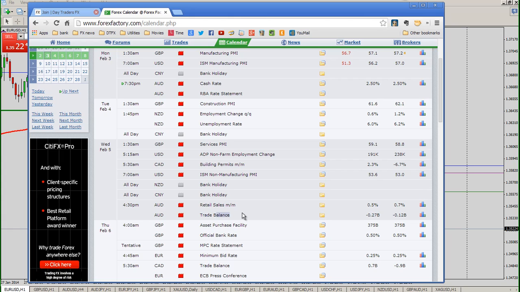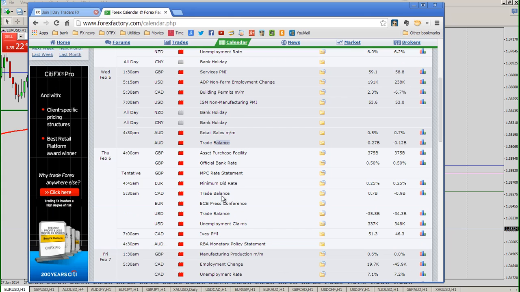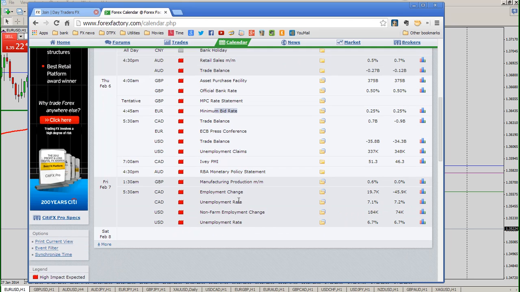So Wednesday is a pretty big day. Thursday, we've got more interest rate announcements from the UK and the European Central Bank, the Eurozone. So Thursday is going to be a big day. And then Friday, of course, we have Canadian employment numbers and U.S. employment numbers. So we've got a pretty big week as far as news goes, so just be ready for all of that.